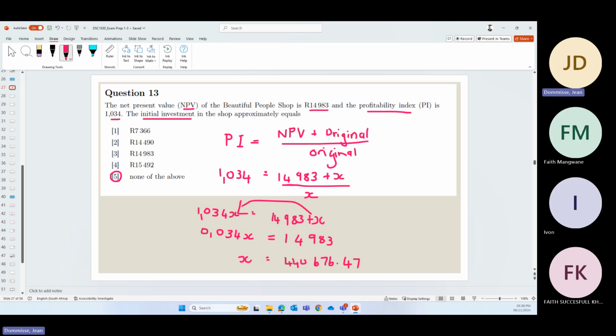But if that is how we would have worked it out, in this instance none of the above would be the correct one to select. So hopefully that is just not part of the options anymore.